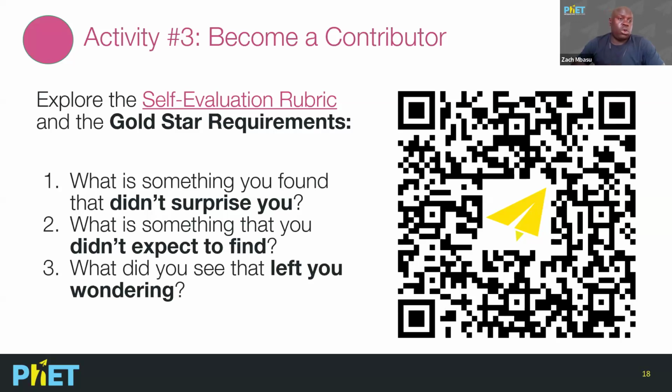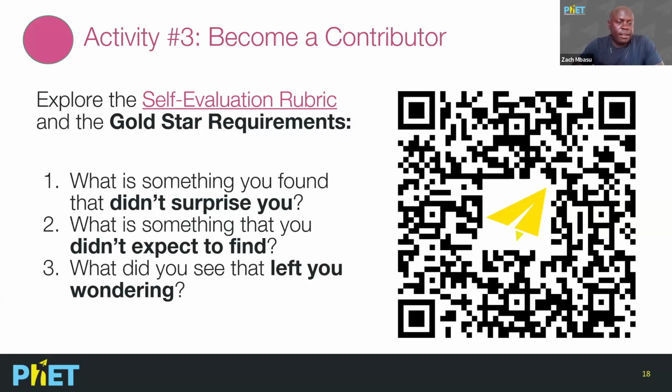and as you go through those requirements, I'll give you about a minute. And the first question is, as you go through all those requirements, tell us what is something you found that didn't surprise you as you look through that self-evaluation rubric. Secondly, what is something that you did not expect to find on that evaluation rubric?